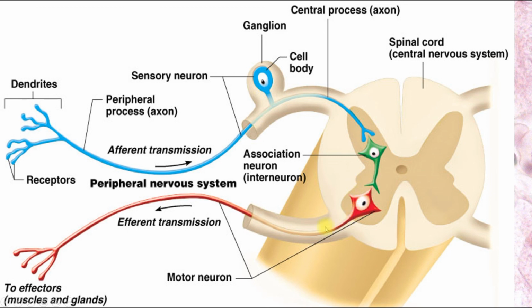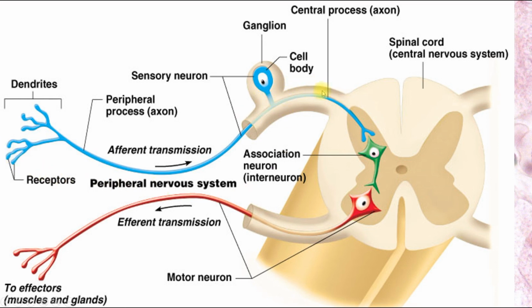It has very long axons which exit from anterior horns inside anterior roots and go to spinal nerve. And axons are very long and they reach effectors, muscles for example, or glands, and they provide some regulative effect.